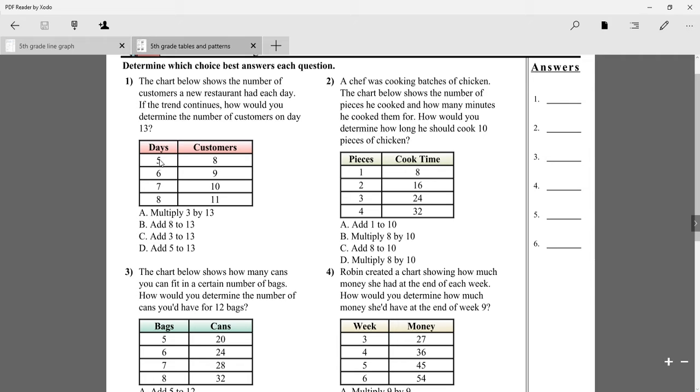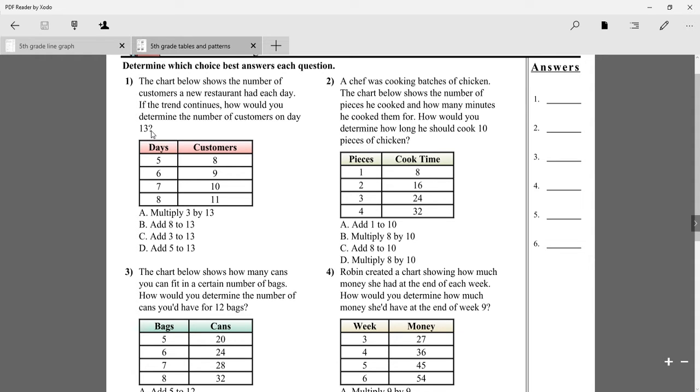So it looks like we have to add 3 to the day to get the amount of customers. So that means we would have to add 3 to 13 to figure out the number of customers on day 13.